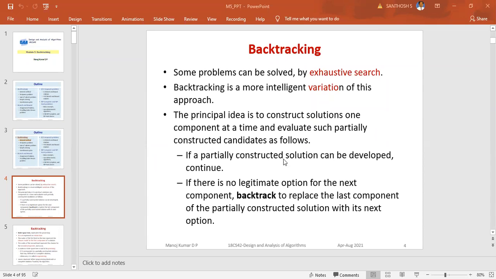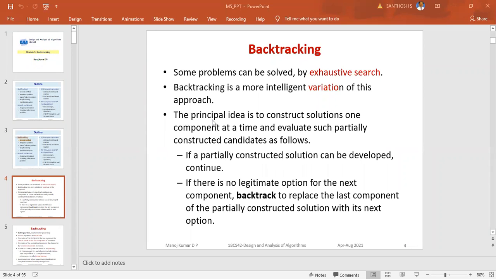If a partially constructed solution can be developed, continue. Say there are 10 problems, 10 components, and you have to find the solution. You take one component at a time. If that one component can be developed, continue for the second component, third component, fourth component, like that.